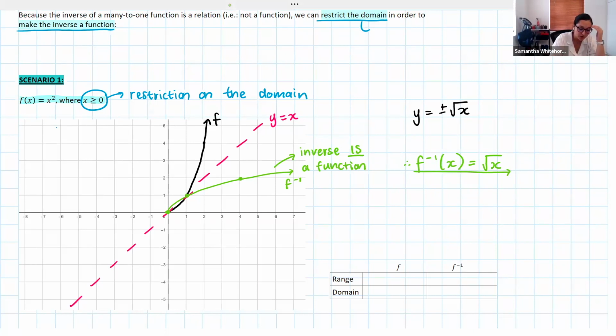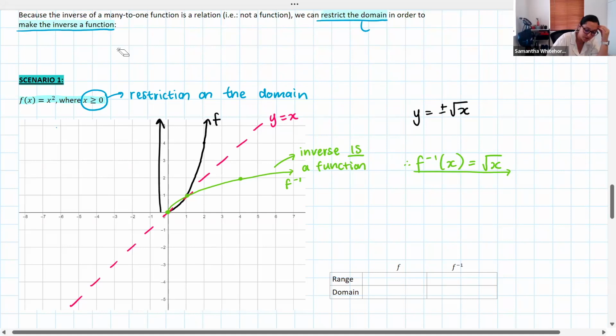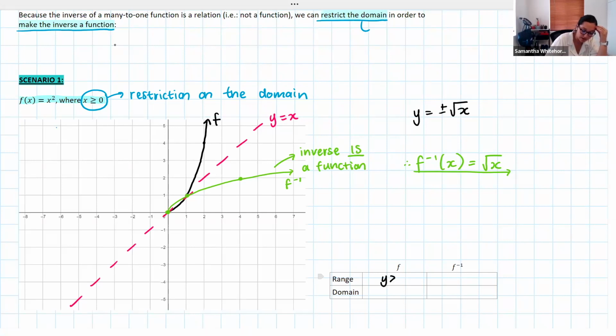If we now go and look at the domain and range of each function, this is not going to be super interesting at this point. When we do the next scenario, it is going to be quite cool to see what happens. But the range of my original, it's from the x-axis up, so it's all my y values greater than or equal to 0. And the domain of my original, remember, this was the restriction, so x greater than or equal to 0.